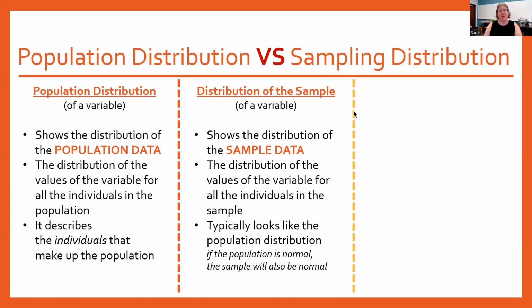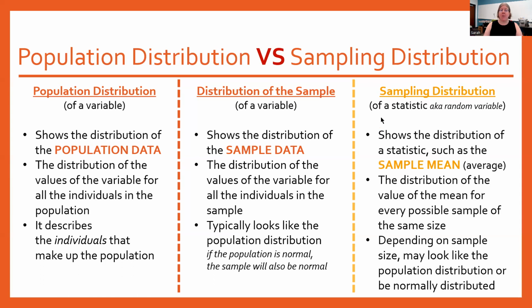Now I want to add this new sampling distribution, which is what we're getting into in chapter 15. Rather than finding the distribution of a variable, now we're finding the distribution of a statistic, this thing that we're calling a random variable. This is going to show the distribution of the mean or the average from all of those samples.